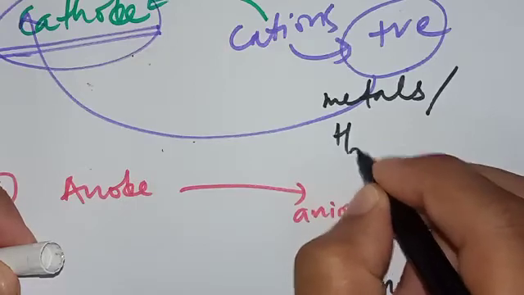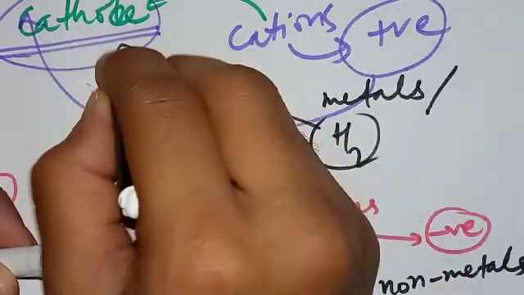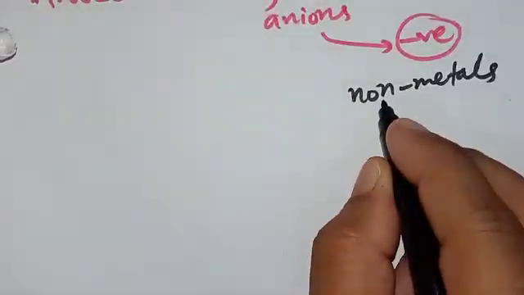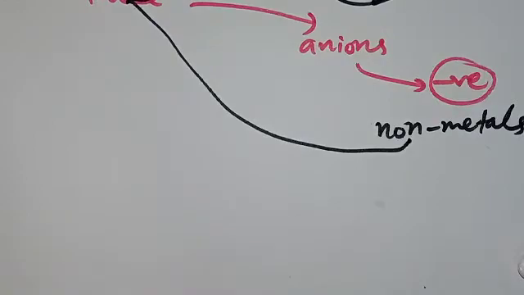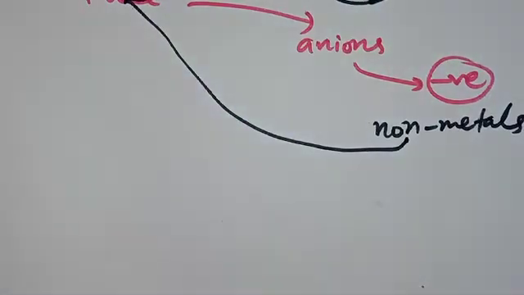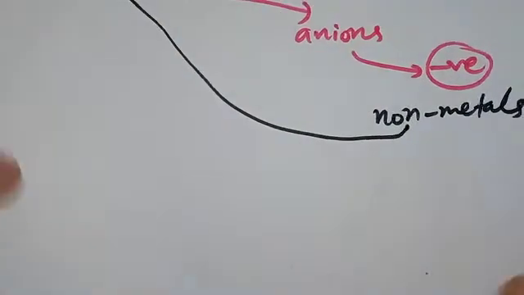So they will move towards the cathode, and these non-metallic anions will move towards the anode, and thereby they are called electronegative elements. Why? Because they are moving towards the positively charged electrode.